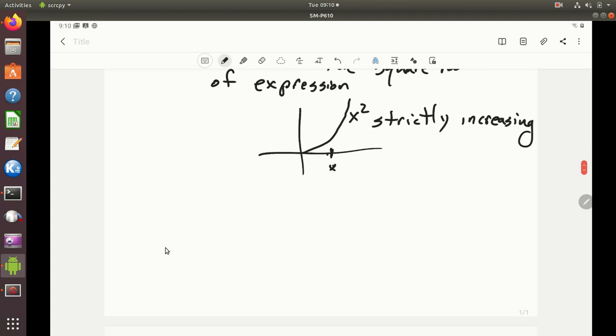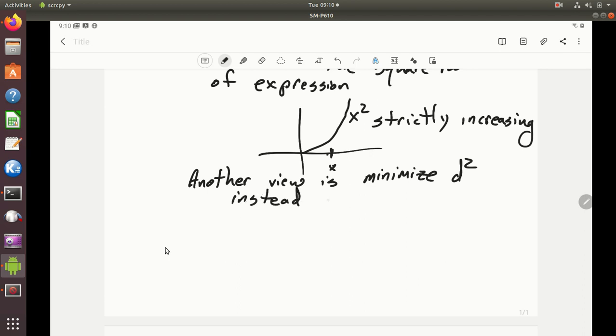And so another view is minimize d squared instead of d.